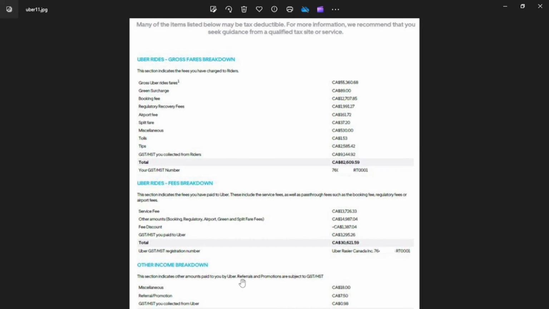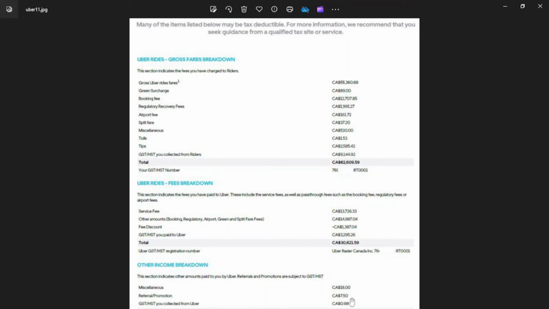Other income breakdown. Now there are some other amounts as well, for example, miscellaneous, referral, promotions. If you earn some referral or promotion or any miscellaneous income, or somebody forgot their phone in your car and you had to go back to give that phone to them and you charged for that, these are all those amounts.